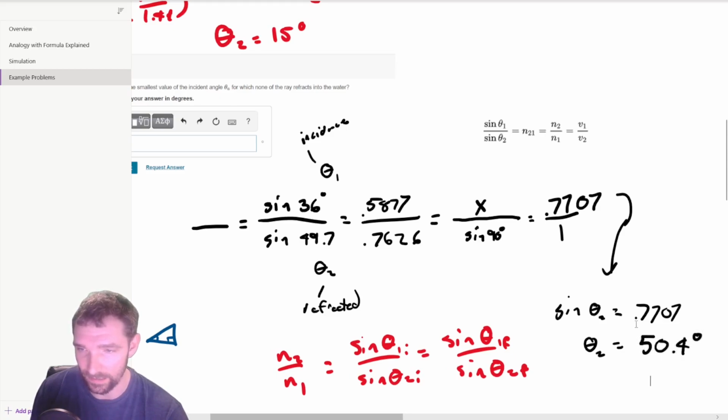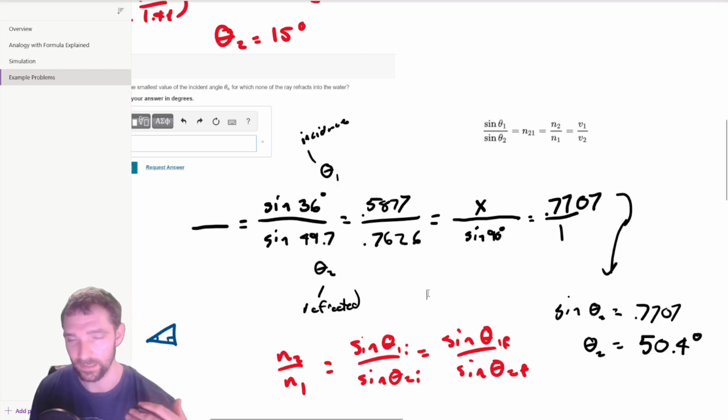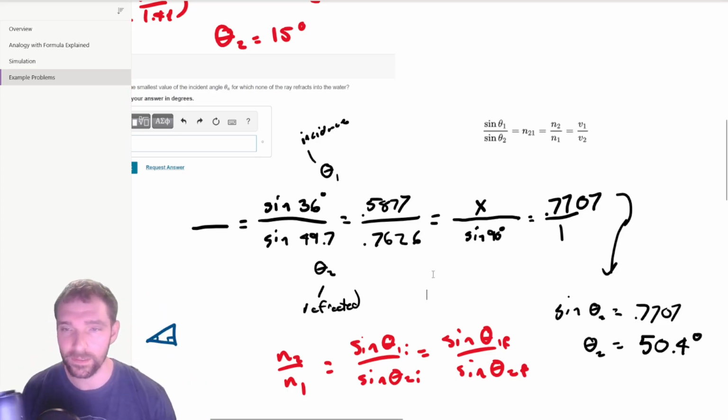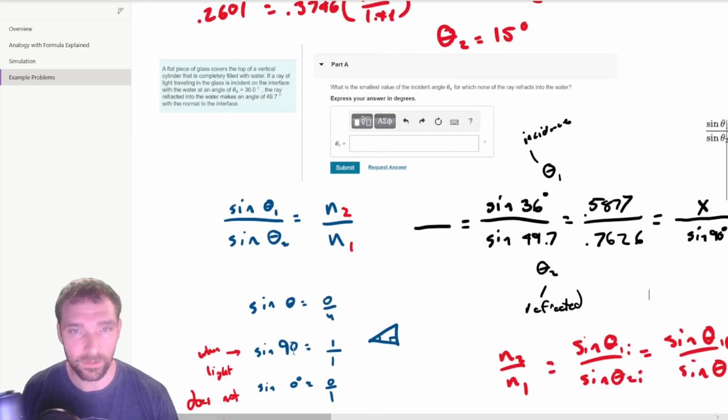This is 50 degrees compared to 90, whereas we were having 36 degrees compared to 50. So you can see that the smaller numbers are still on top in this situation, and so it's the same sort of relationship.